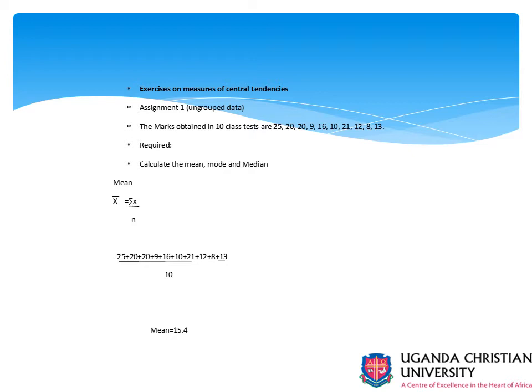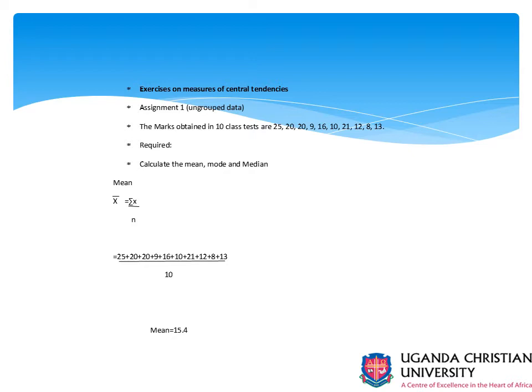So X bar is equal to the sum of X divided by N. Sum of X means that we are going to add all the observations obtained in the 10 class tests, and then we divide by the number of observations, or you can say we divide by the sample size. So N represents the sample size.